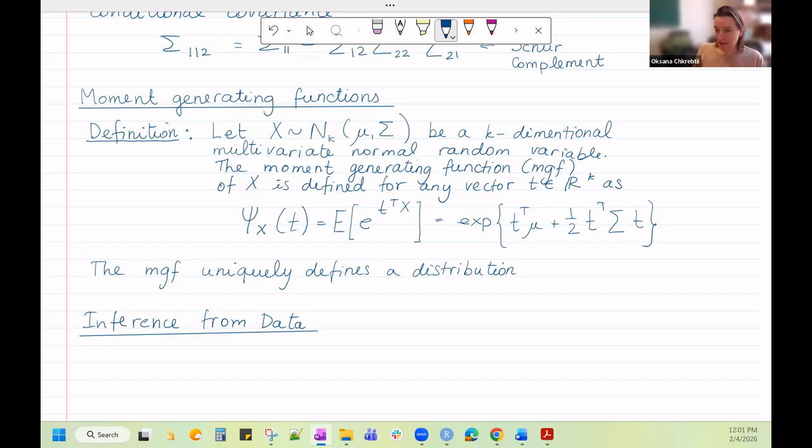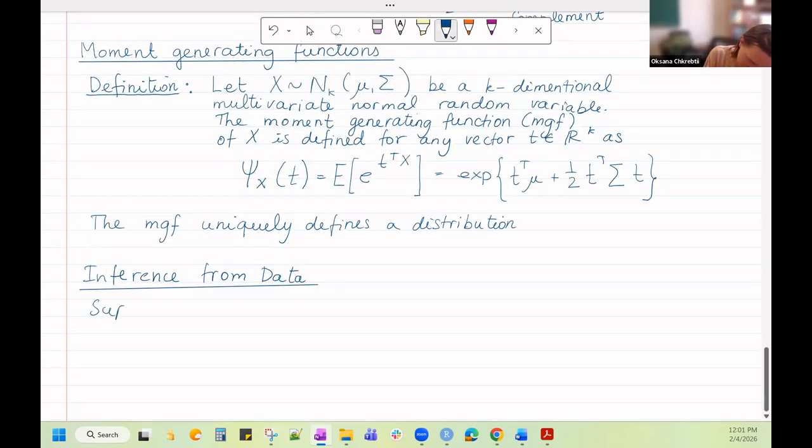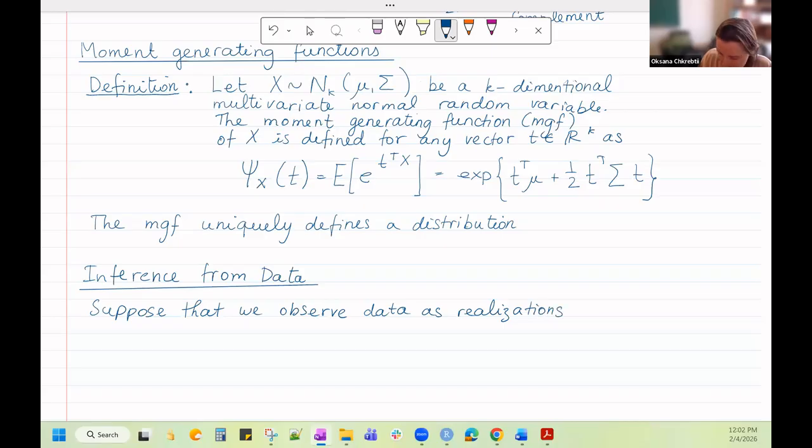Suppose that we have some data and we have modeled it as a realization of multivariate normal random variables. That is what we would call our data generating model, or our likelihood model. So suppose that we observe some data as realizations of n independent multivariate normal random variables.